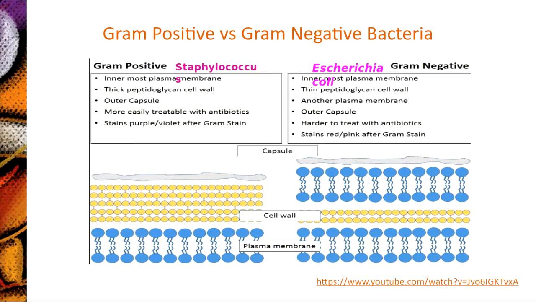So you can see that here there is a thick layer of peptidoglycan compared with a thin layer of peptidoglycan in gram-negative. That's why gram stain with the gram-positive will show purple color, while E. coli will show pink color, because when you wash the violet color, it is washable in gram-negative, while it's not washable in gram-positive. That's why it will stay violet, while E. coli will become pink.